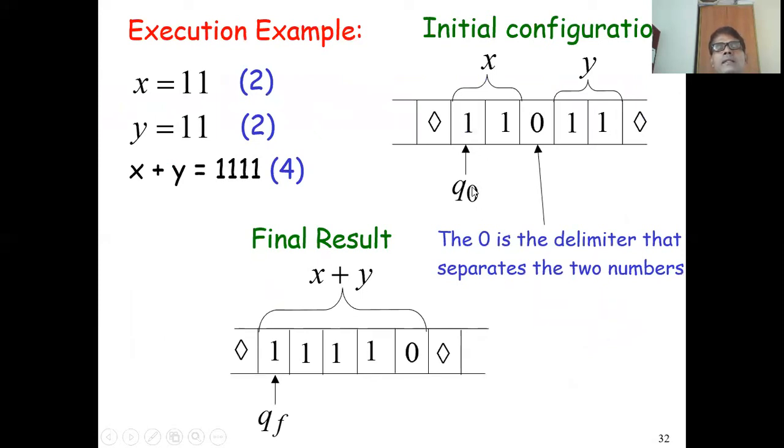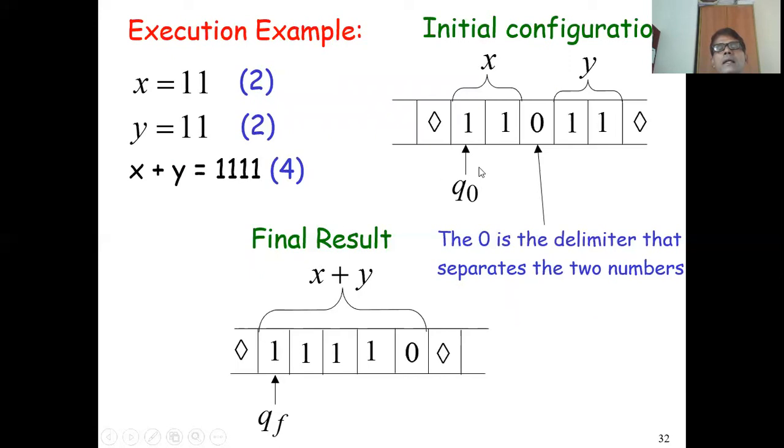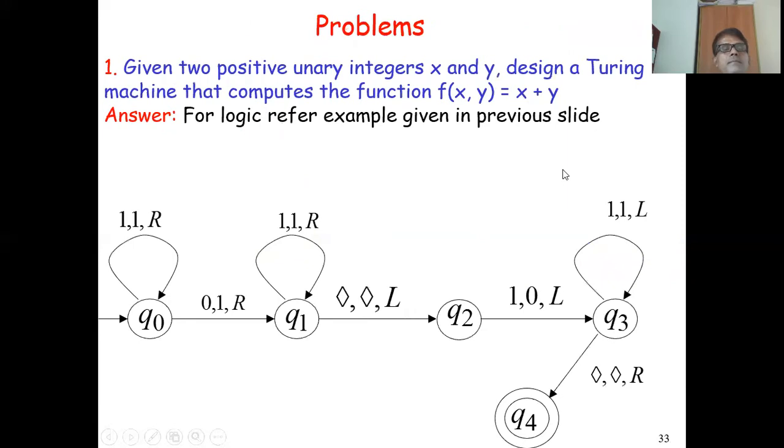So initially we are in the state Q0. The Turing machine will replace 1 by 1 and move right, and remain in state Q0. When it reads 0, it will replace this 0 by 1 and move right.